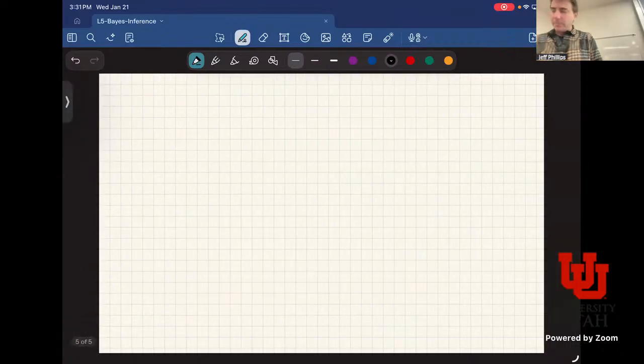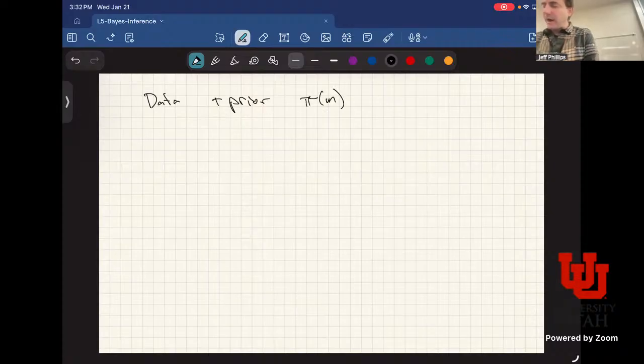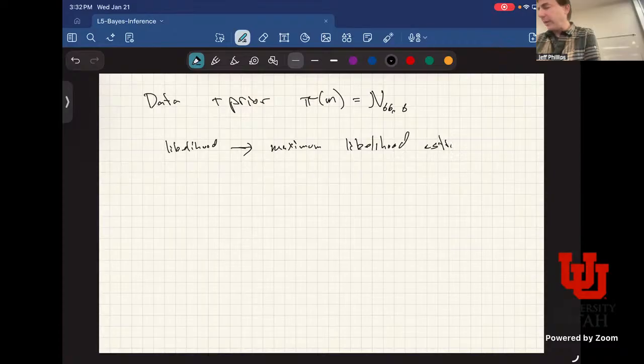Now we want to combine data plus prior. The prior was this model here, the normal with a mean of 66 and a standard deviation of 6. Last time we just looked at the likelihood and got the maximum likelihood estimator, the MLE.